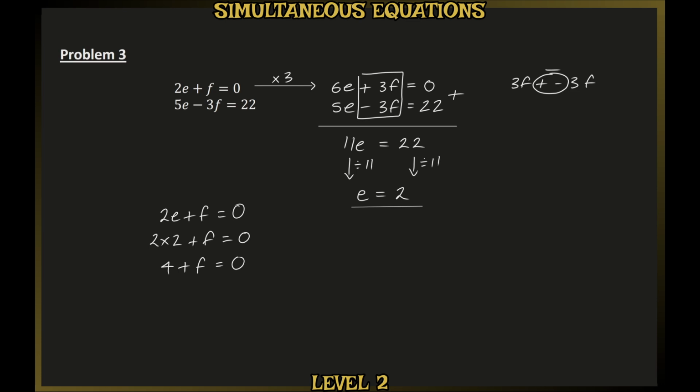And so we just now need to remove this positive 4 from the left-hand side. We can do this by using its inverse, which is minus 4, and doing the same on the right. So on the left, the plus 4 and the minus 4 cancel out to leave us with f. And on the right, 0 minus 4 is minus 4. So f equals minus 4. And this means that our final solution for problem 3 is e equals 2, f equals minus 4.